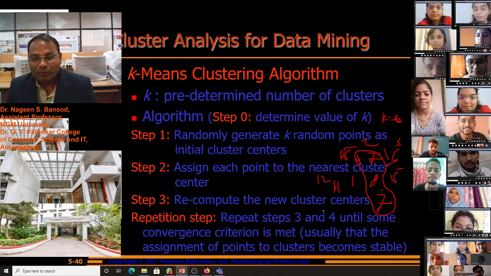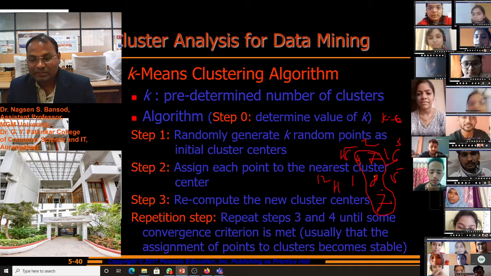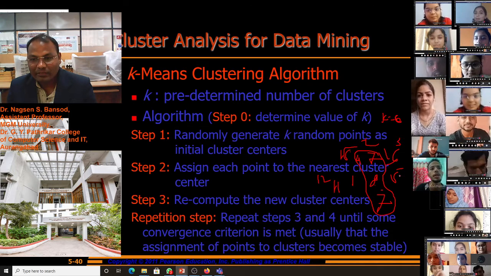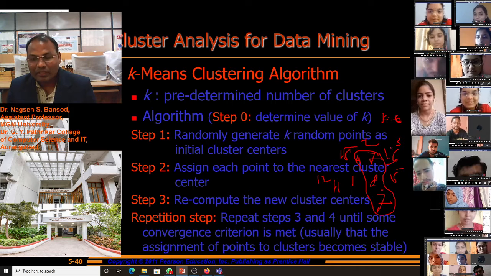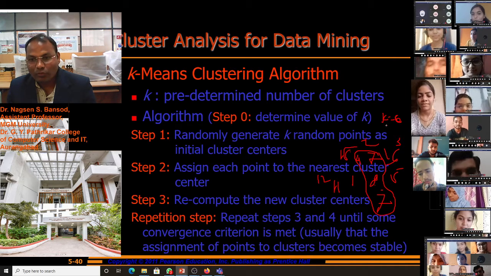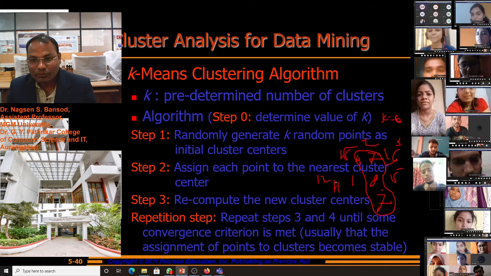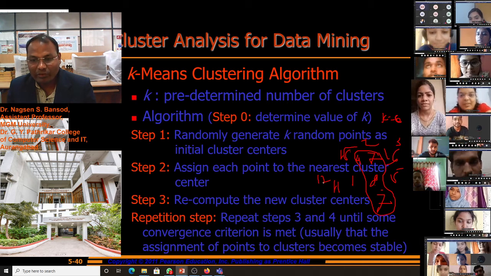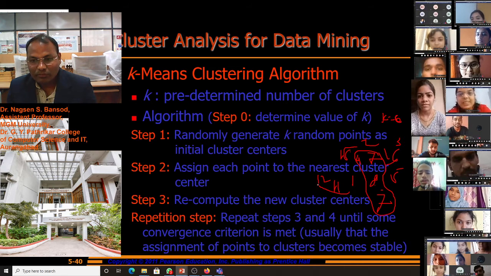Recompute the new cluster center. After making this cluster, we have to find the new centroid, the new value of k. Suppose we find 12, then the nearest values of 12 are 11, 15, 16.